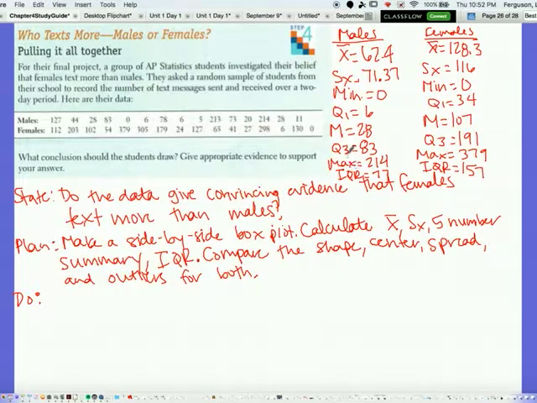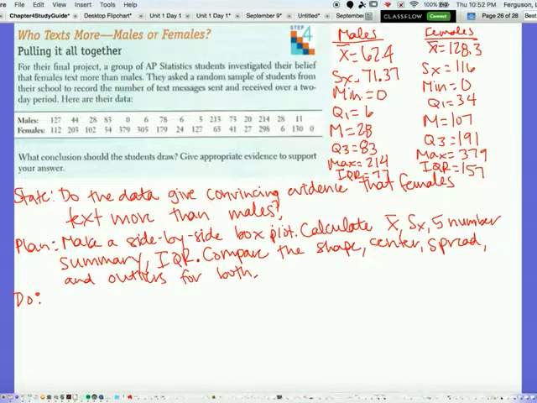One thing we did not do is calculate any outliers that we might have in the males and in the females. So remember, you use your 1.5 IQR rule for that. And so for males, I'm going to go over here to the side.